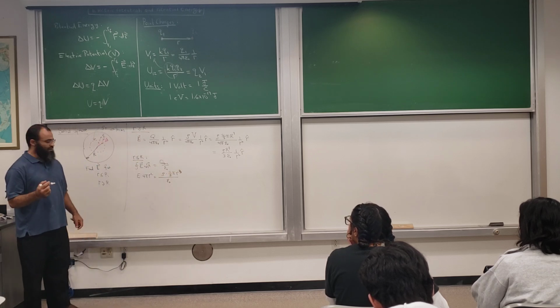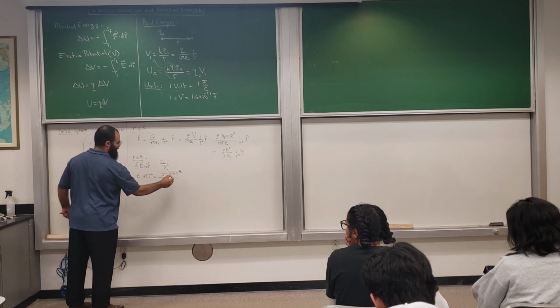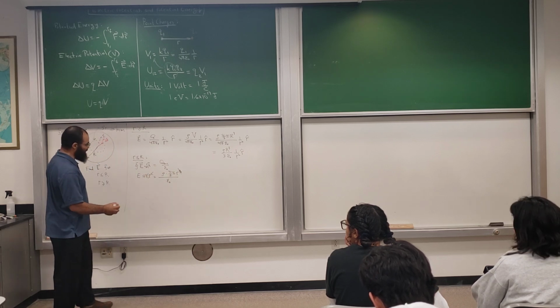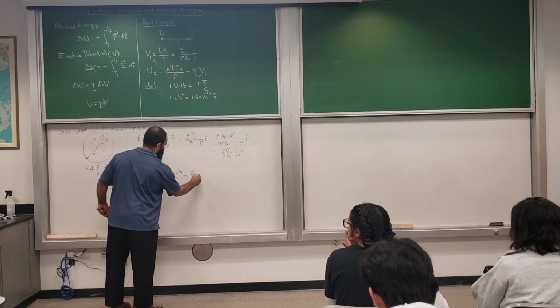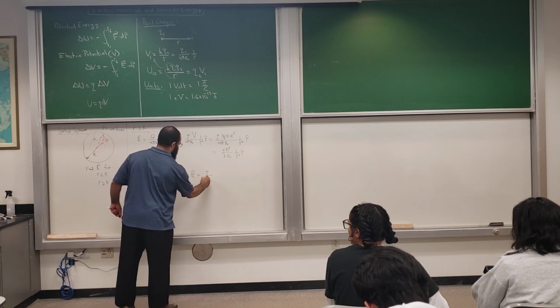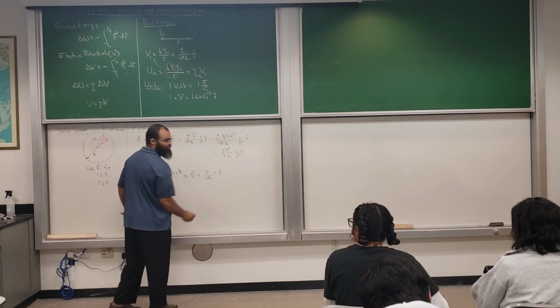Now my 4 pi, and this one, all of them cancel, and we get what? E equals rho over 3 epsilon naught r, right? And then since it's radially outward, it's going to be r hat.